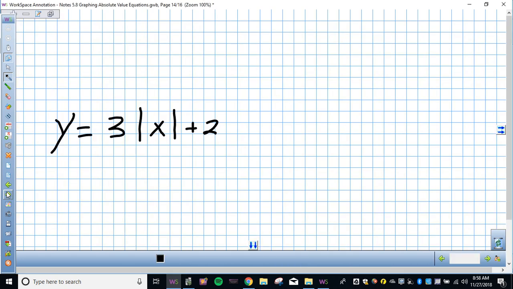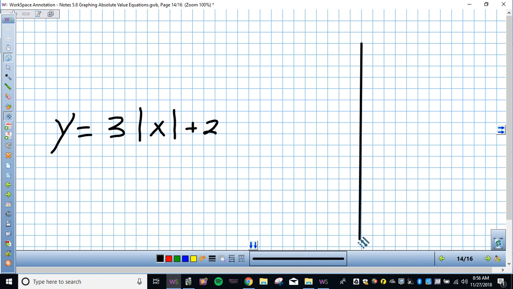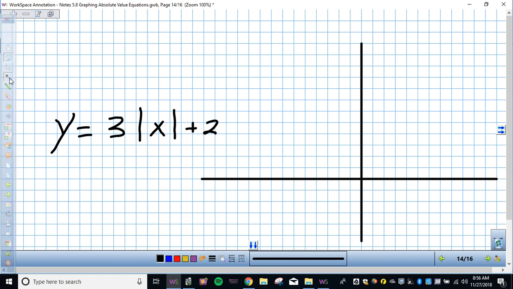Okay. So write this one in your notes, please. So we're going to talk about what happens when you have a number in front. We have a whole number in front this time, and what happens to the function.